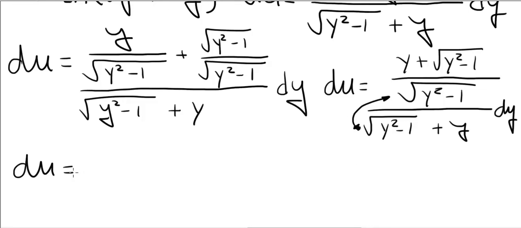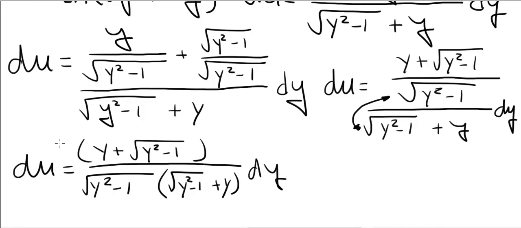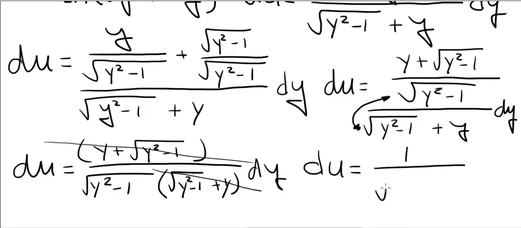So du is equal to y plus square root of y squared minus 1 divided by square root of y squared minus 1 times square root of y squared minus 1 plus y, dy. And you can see y plus square root of y squared minus 1 divided by square root of y squared minus 1 plus y cancel, and that leaves a simple form for du. Du is equal to 1 divided by square root of y squared minus 1 times dy.